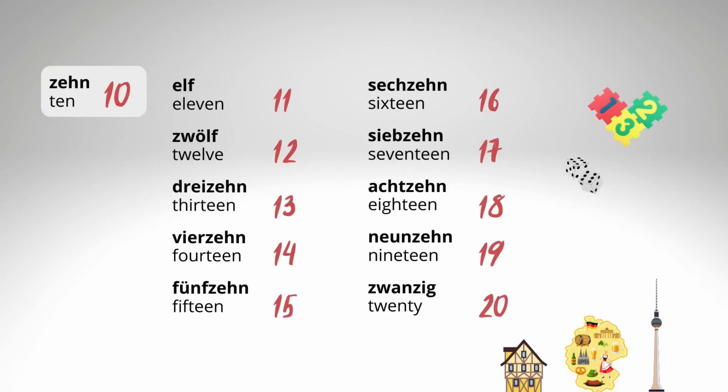And if you paid close attention, you could see that 16 and 17 are a little bit irregular. Just like in English, where we have words like 13 and 15, where the word for the second digit has been modified, so 3 has become thir or 5 has become fif. In German, we have the same thing with the numbers 16 and 17.